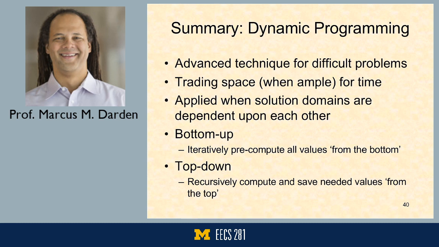If I'm looking for a word in a dictionary and I open it to some page, the word is either before the page that I'm on or after the page that I'm on. It's not in both. So that's an independent subproblem situation. But here you saw that calculating fib 5, for instance, would be used by fib 6 and by fib 7. So that's an overlapping subproblem. So we had to have these dependent subproblems.